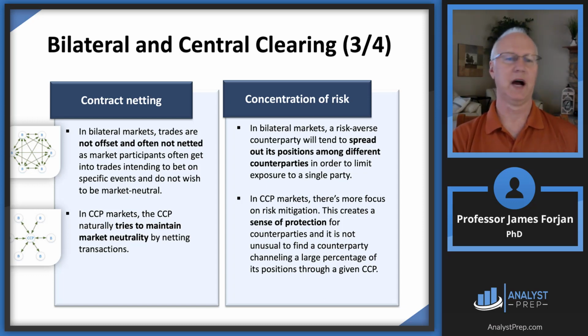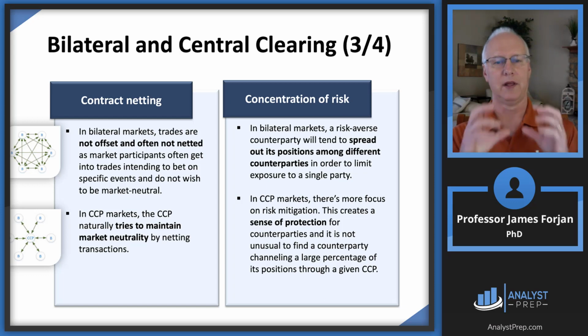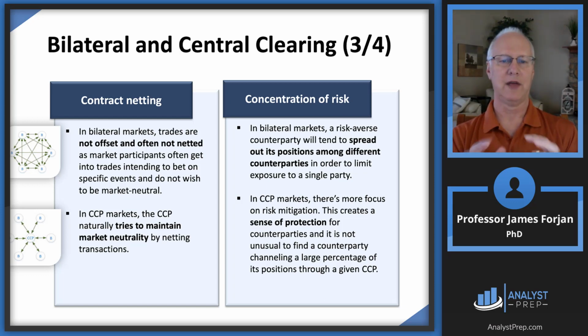Contract netting, this should be obvious here. Bilateral market trades are not offset and often not netted. But with the CCP in the middle, there's that netting that essentially makes the CCP market neutral. Not always, but essentially.